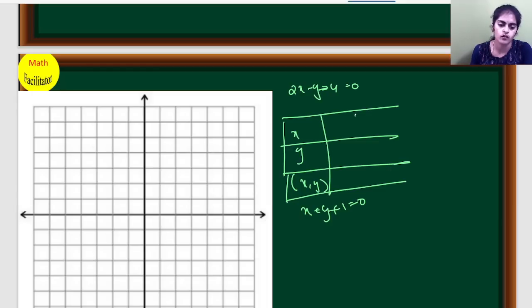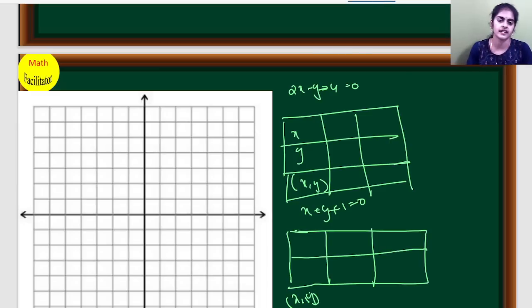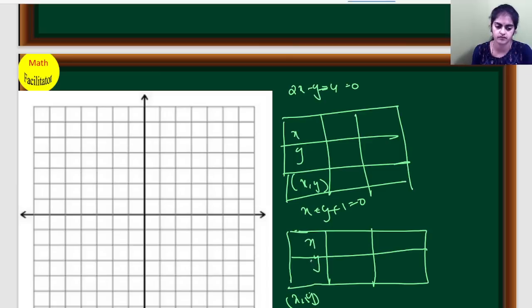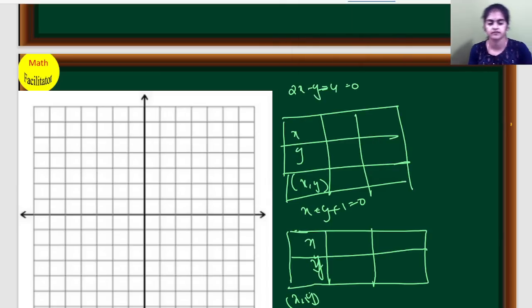Okay, so here also, if I take x as 0, y will be how much?